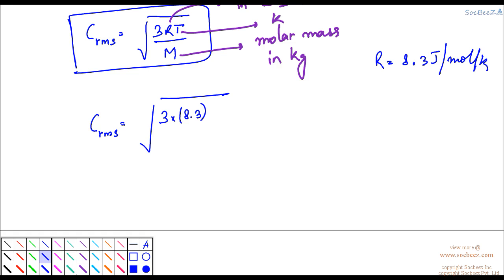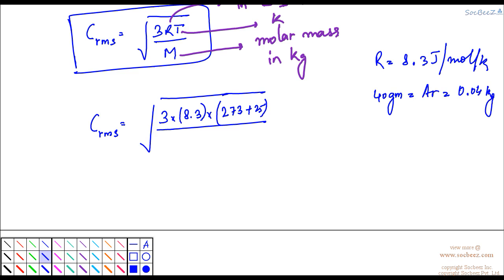Okay, so we substitute the R value, that is 8.3, and the value of temperature is in Kelvins, that is 273 plus 25 degrees Celsius, as you know. So it would give us the temperature in Kelvin. Mass is basically molar mass. Molar mass of argon is 40 grams, that would be equal to 0.04 kg in SI units.